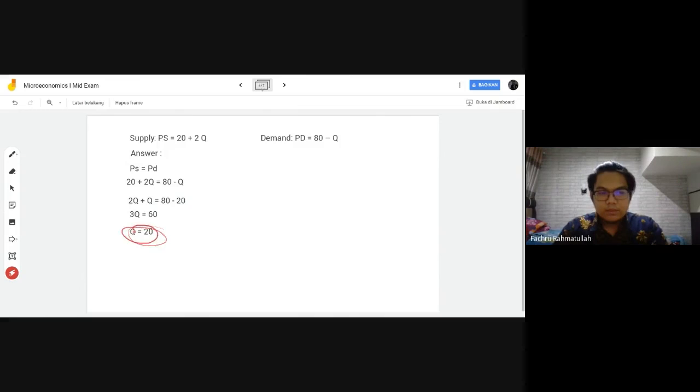Now we get the Q equals to 20. Now we put the Q into one of these equations, whether it can be here or here. So let's put it into the equation from the demand. Now we got the Q equals to 20, P is equal to 60. So the point of equilibrium is 20, 60.